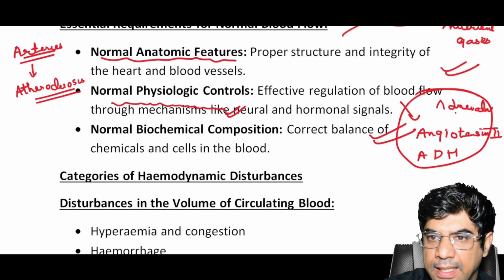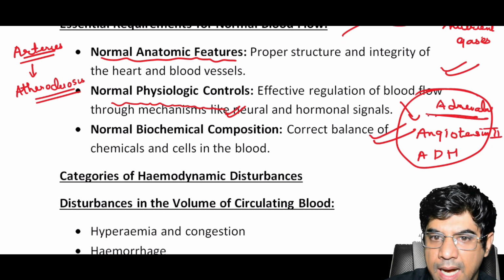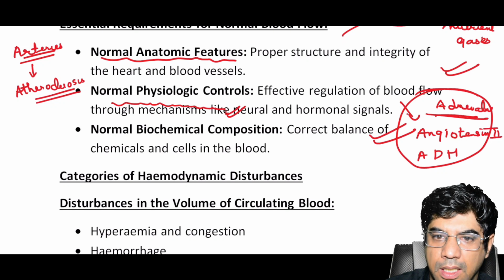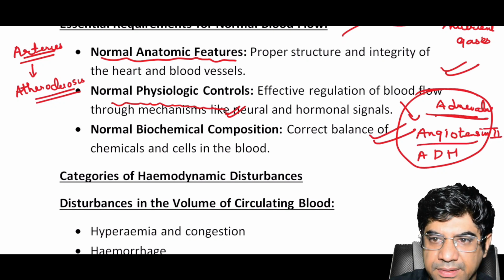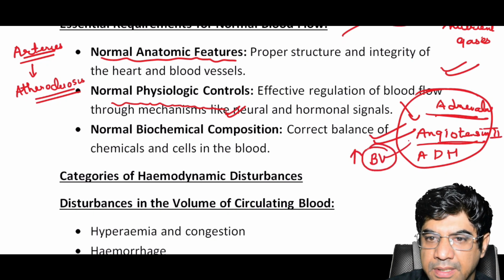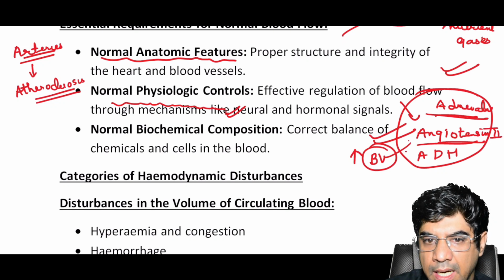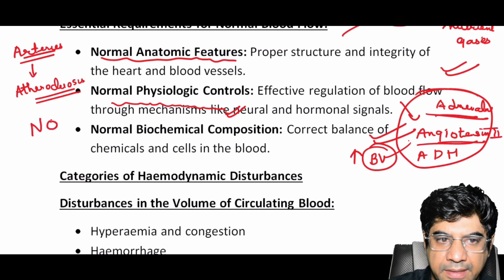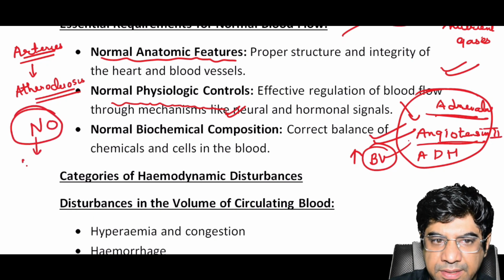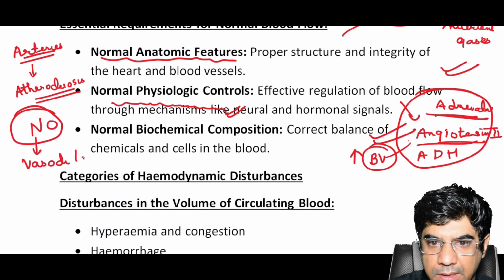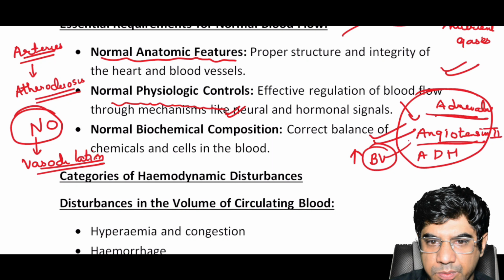We know that adrenaline increases the heart rate and force of contraction, whereas angiotensin 2 causes vasoconstriction and stimulates aldosterone to increase the blood volume. Apart from that, local factors like nitric oxide, released by the endothelial cells, cause vasodilation that increases the blood flow to the tissues.